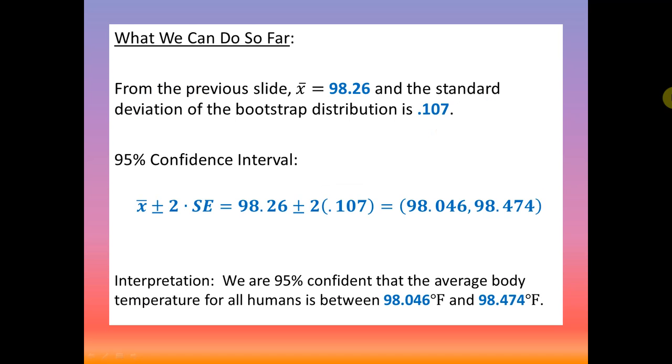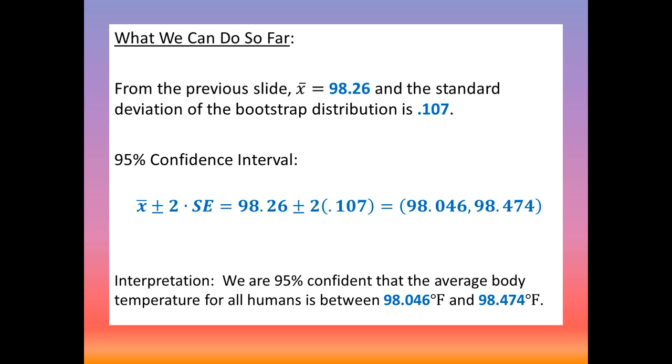So from the previous slide, we would have the x bar as 98.26, and the standard deviation of the bootstrap distribution, our estimate of the standard error, is 0.107. So we can substitute in and simplify, and we get our interval, and we can do the interpretation too. These are all things that we could do from section 3.3.